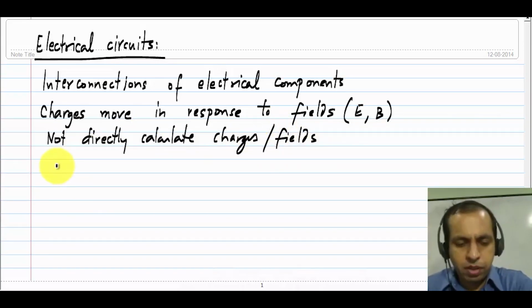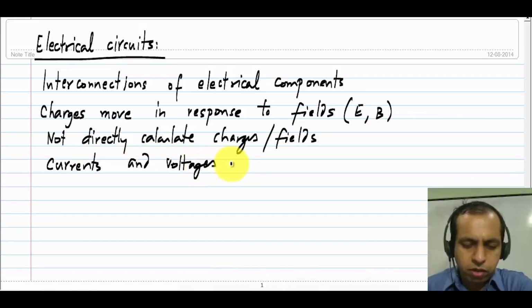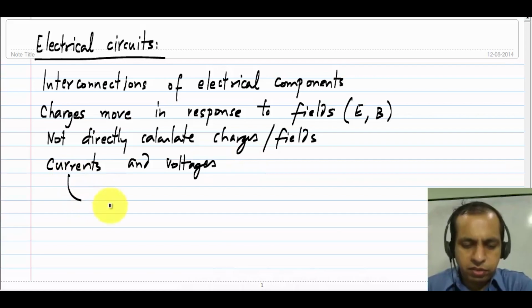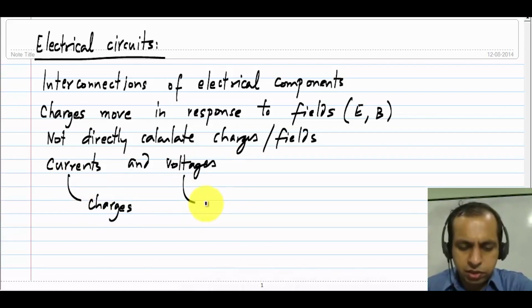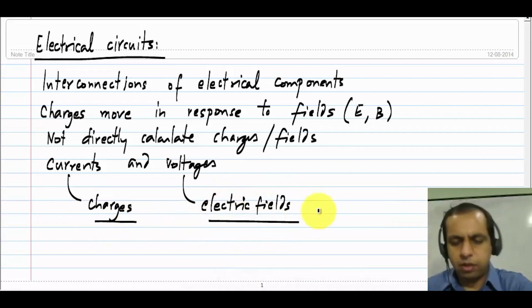Now what we will do is deal with currents and voltages, which effectively represent charges and electric fields in some way.